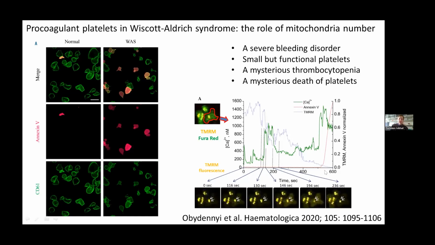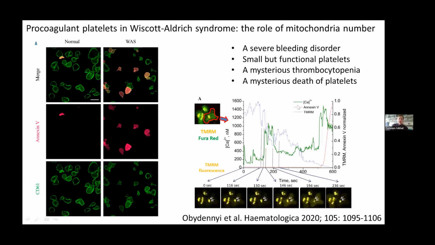The Wiskott-Aldrich protein is a cytoskeleton protein that is involved in actin regulation. Platelets in Wiskott-Aldrich syndrome are smaller, but are fully functional. And there is no clear idea why these patients have thrombocytopenia, which is the reason for their bleeding, and in most cases, a reason of their death.